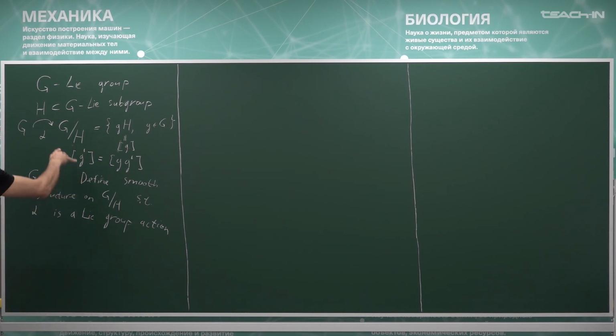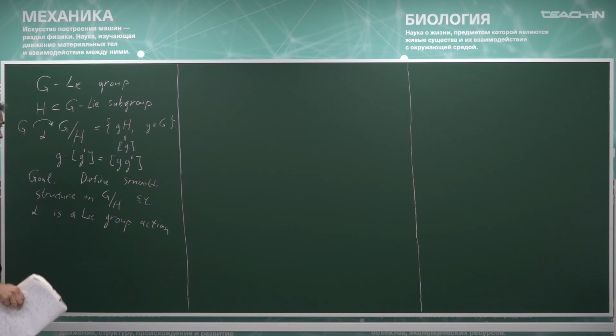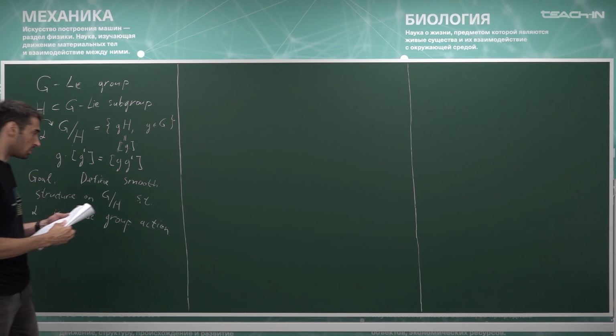So we would like to define a structure of smooth manifold here such that this action is smooth.